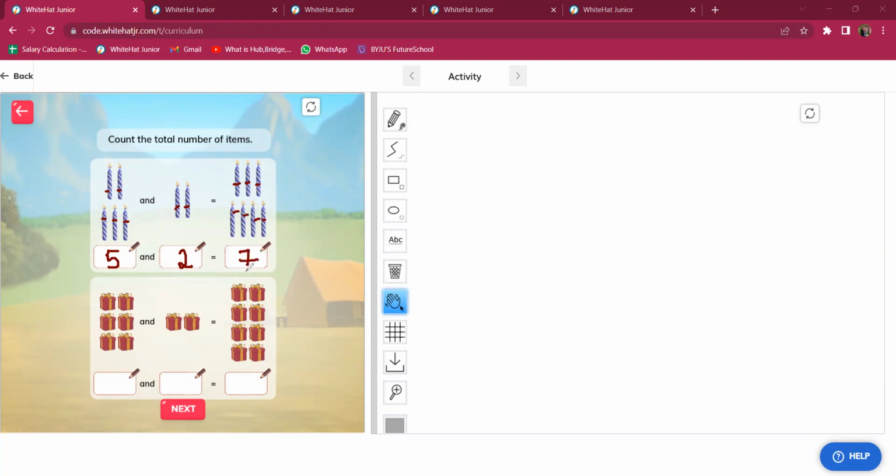So we'll write here 7. Similarly over here we have 1, 2, 3, 4, 5, 6 gifts. Plus we have 1, 2, so we have 2 more gifts, which will be equal to 1, 2, 3, 4, 5, 6, 7, 8. Altogether 8 gifts. So this is how you will solve it. Let's move to the next question.